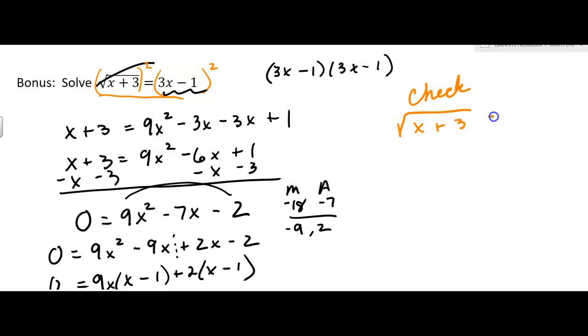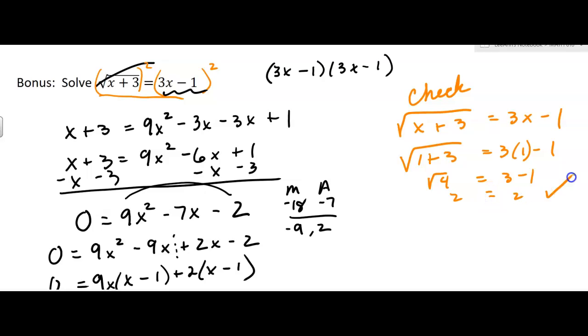Sometimes it is. So I'm checking the original equation. My one answer was 1, right? Okay, so let's try the 1. 1 plus 3, so I get the square root of 4, and I get 3 minus 1, so 2 equals 2. Yeah, that one works.